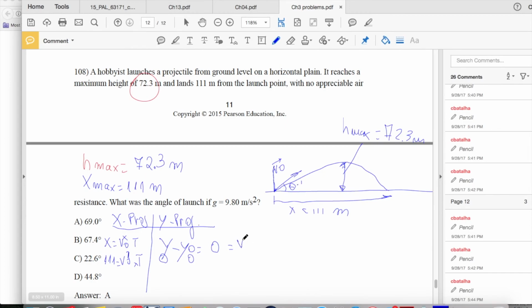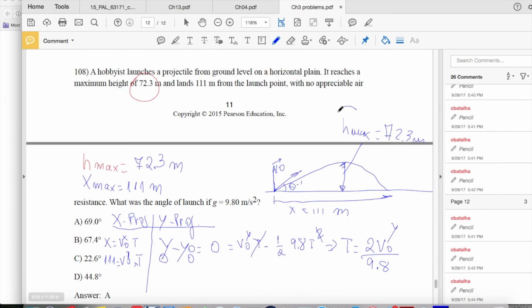This is equal to v naught y t minus half g t squared. So we can simplify one of the t, and then we find that time is equal to 2 v naught y divided by 9.8, right? So we can get that.